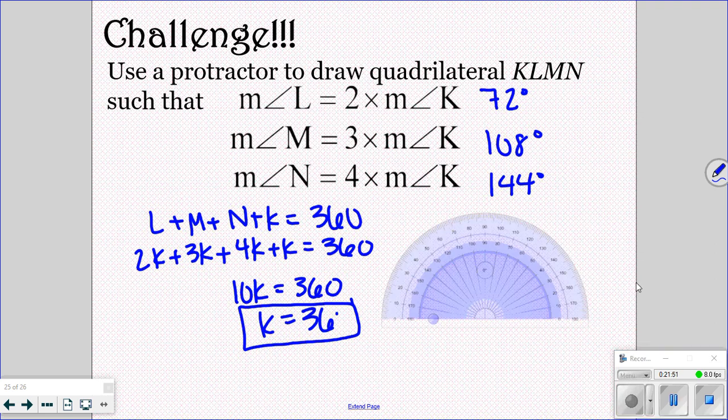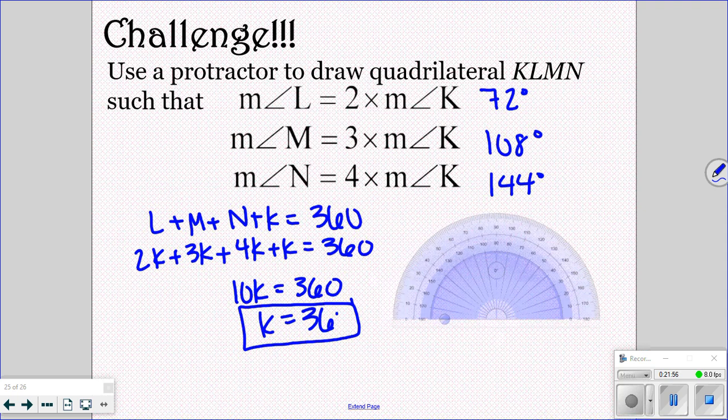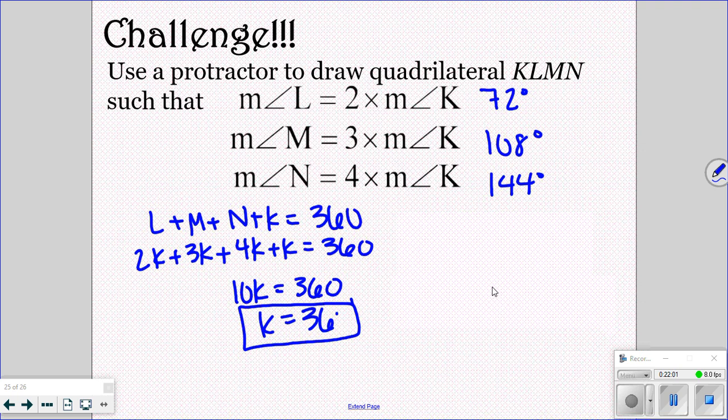So I'm going to try and use the protractor on the computer. It may or may not let me actually use it. No, it's not. So you would use your protractor to do this. And I'm just going to have to estimate it, I guess, because it won't let me draw it with the protractor. So we'll say K is about right there. And then L is 72 degrees, so that's still an acute angle.